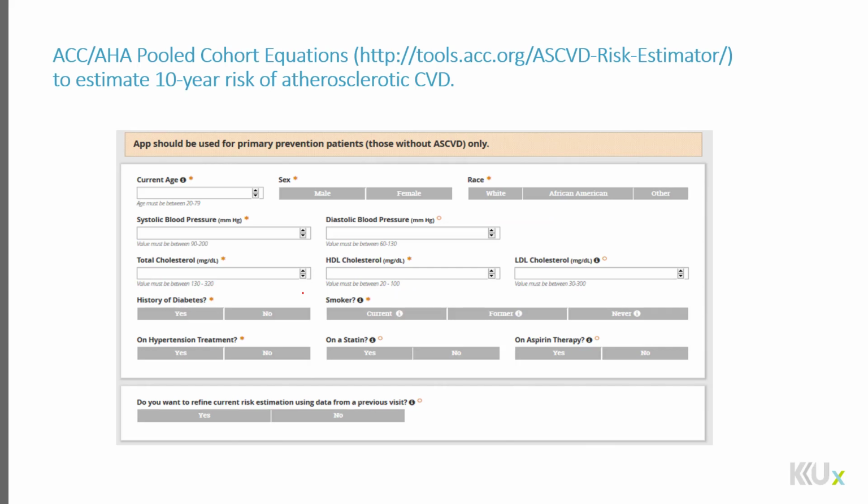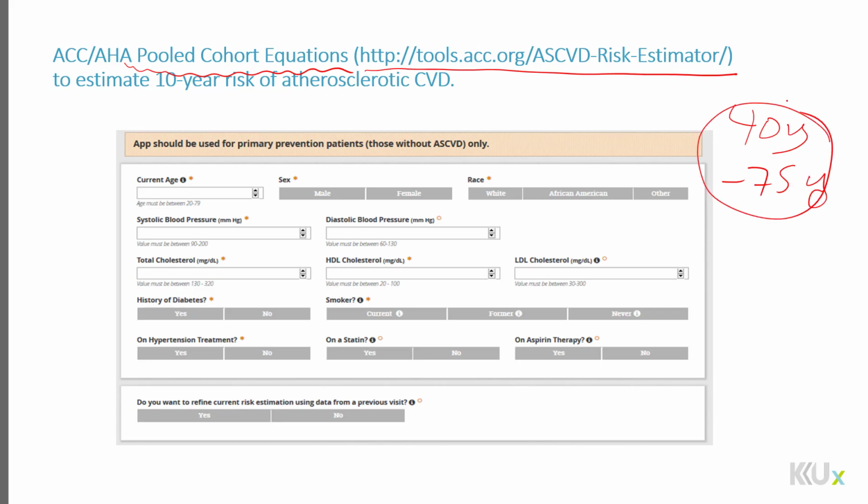There is a very nice equation called the pooled cohort equation. It's available at this site, by which you can calculate your risk or even anybody's risk. It can be used to estimate the 10-year cardiovascular risk in patients 40 to 75 years precisely.